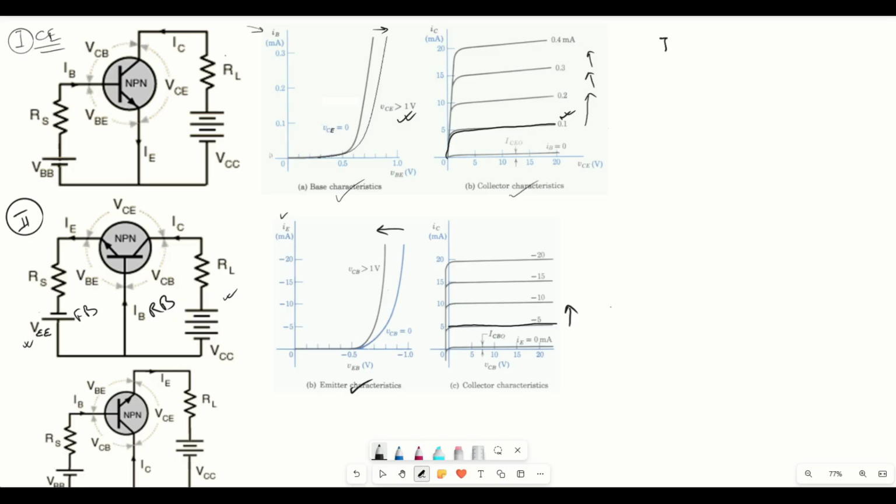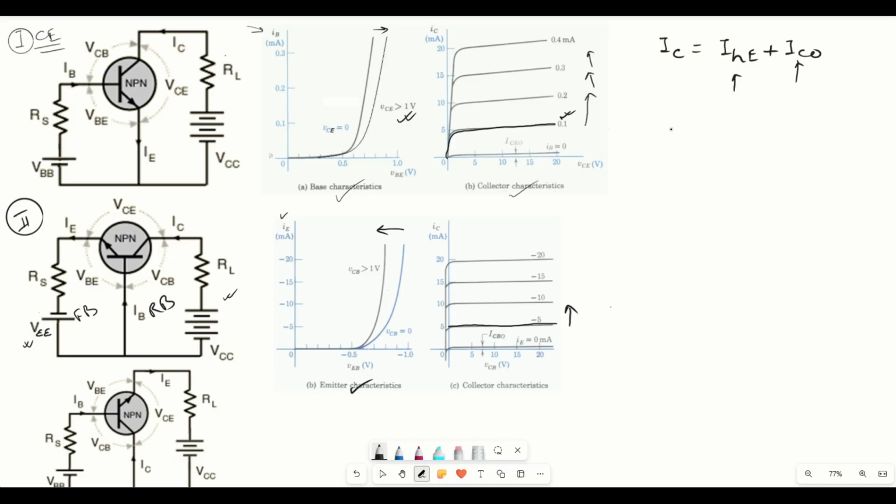Now let's see the current relation. The current relation, as we already know, is given by IC equals alpha IE plus ICO. Now this ICO is the reverse saturation current, and this is the current gain.